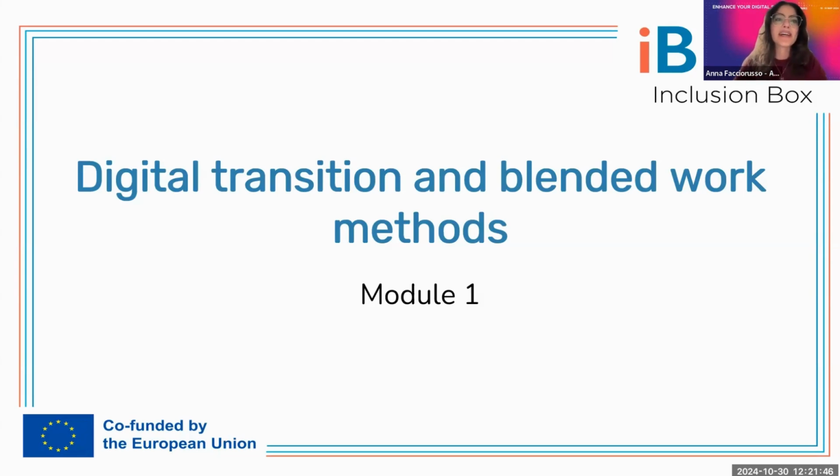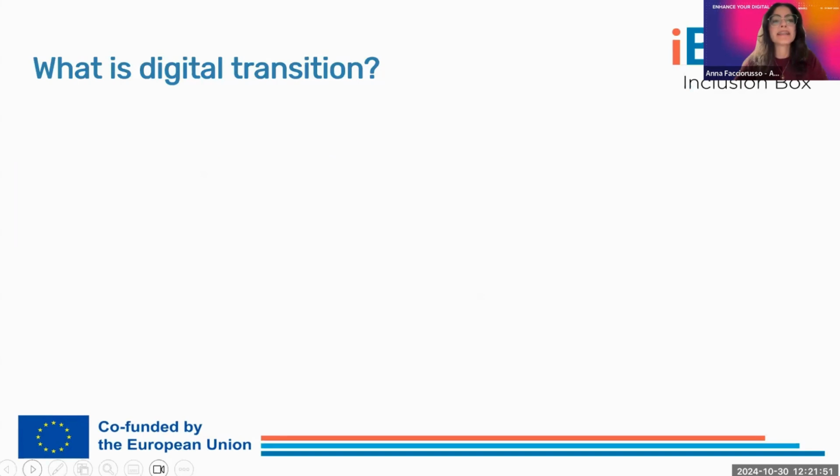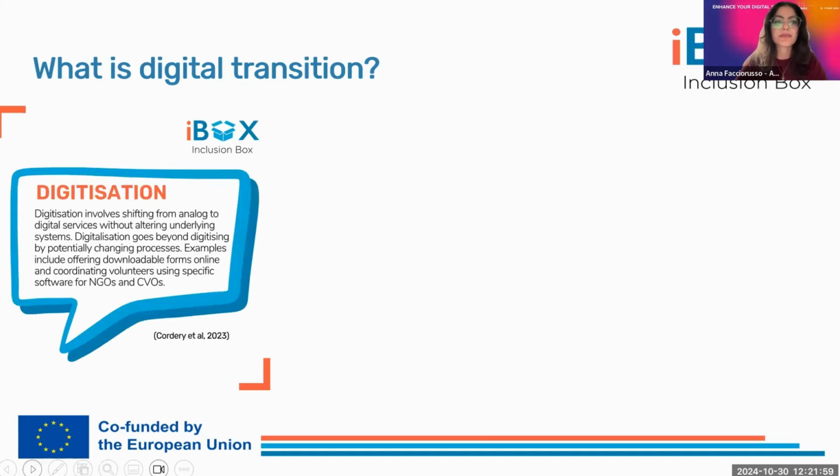So now we can go further with the slide, and we can start by defining some key terms. The first key term is digitization. Digitization typically has the lowest impact on the system and identity change. Usually it entails the shift from analog to digital service, without fundamentally changing underlying systems or identities.